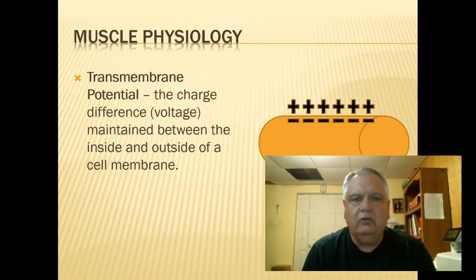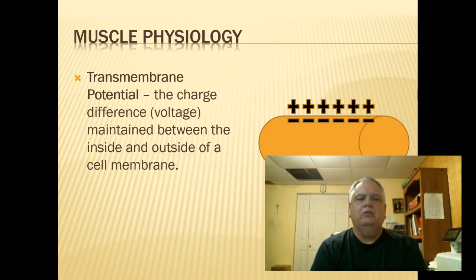But first of all, let's take a look at the concept of transmembrane potential. And again, you've already studied this in A&P 1, so we're just going to review things. Remember that transmembrane potential is the charge difference or voltage that's maintained between the inside and outside of a cell membrane.